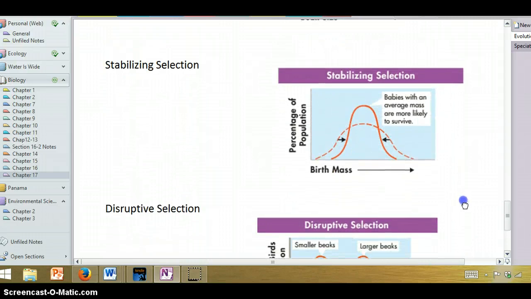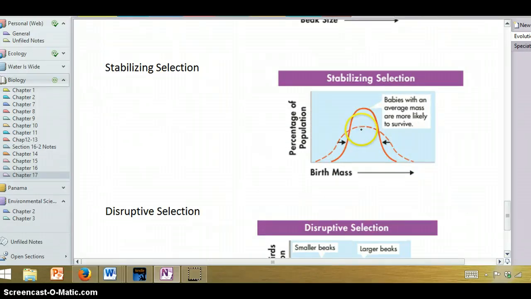Other times you have stabilizing selection where the mean doesn't change, but you basically select against the extremes and it stabilizes on a particular mean and doesn't really change. A good example of this is birth weight. So if a baby is too small, they tend to not have all their parts, their lungs and stuff developed, and they don't survive as well.